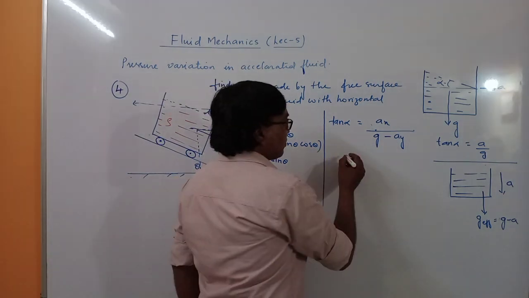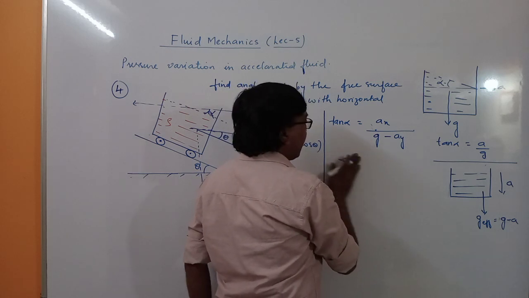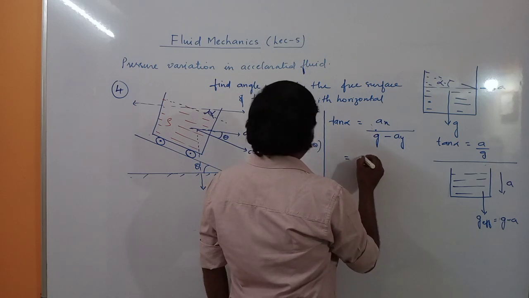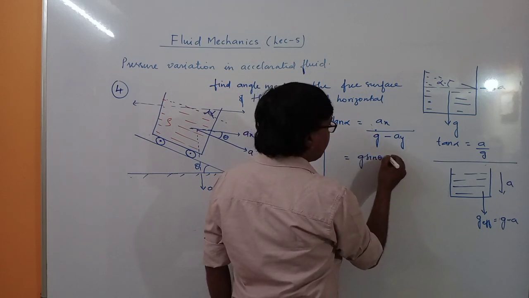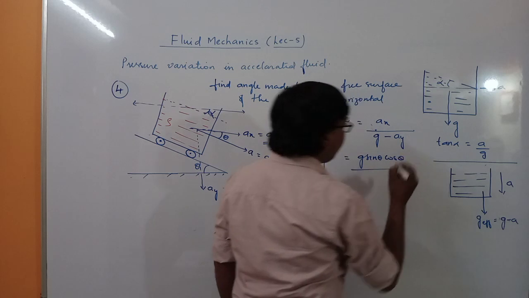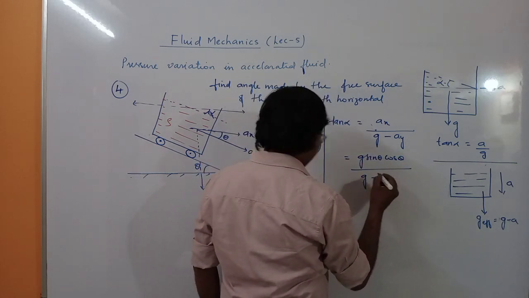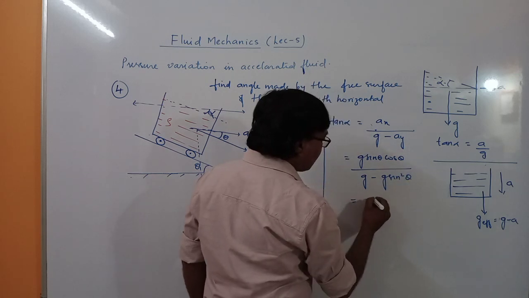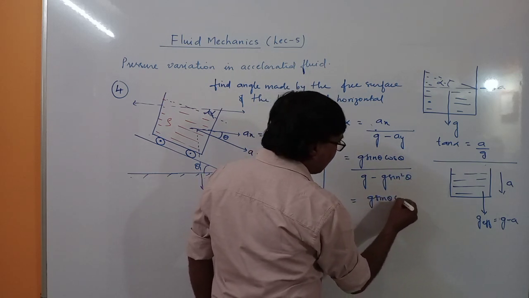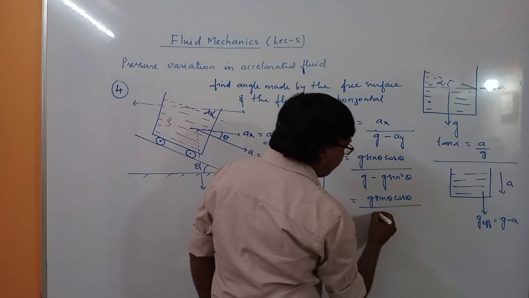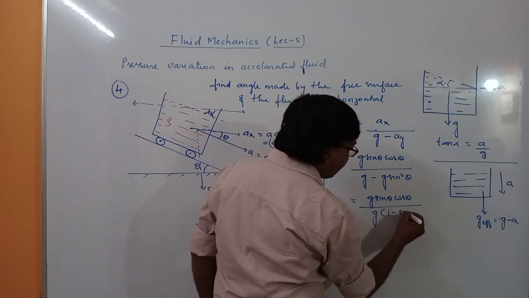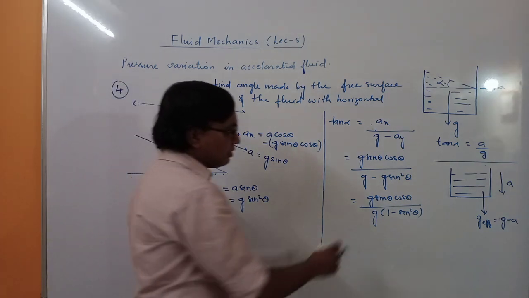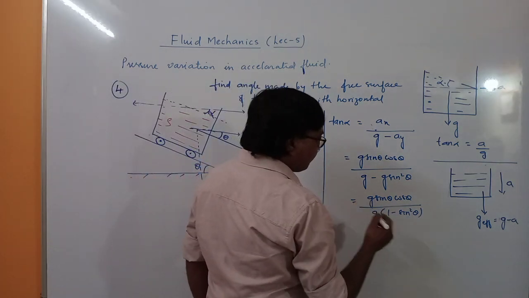Okay, yes. So just solve this. So tan alpha is equal to ax. ax is g sin theta cos theta divided by g minus ay. ay is g sin square theta. So this is g sin theta cos theta, and this will be g into 1 minus sin square theta. Fine. So this will be cos square theta.